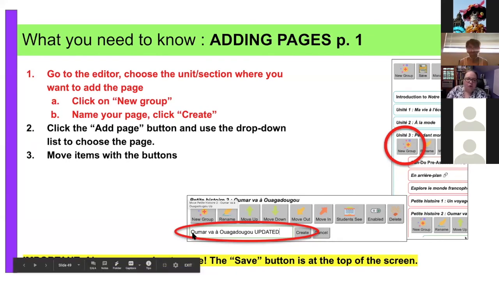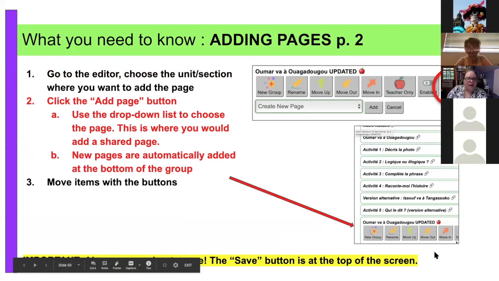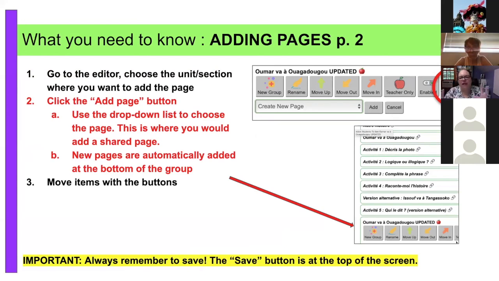When you click on New Group, it will ask you to name your page, and for our purposes, we just named it Updated, and then you click Create. When you do that, it will create a place for your page, but your page isn't there yet because you haven't linked it to anything yet.